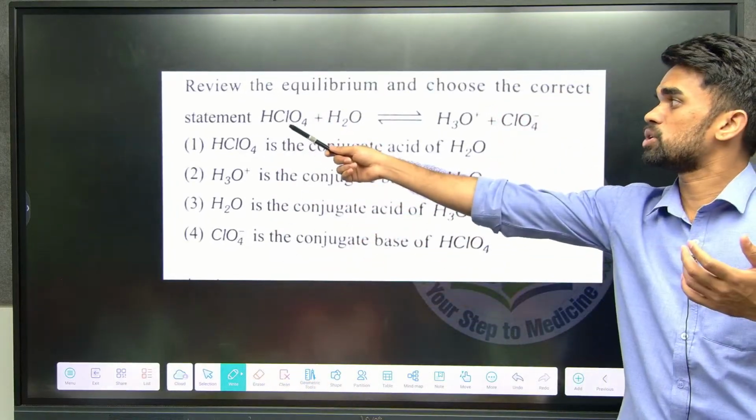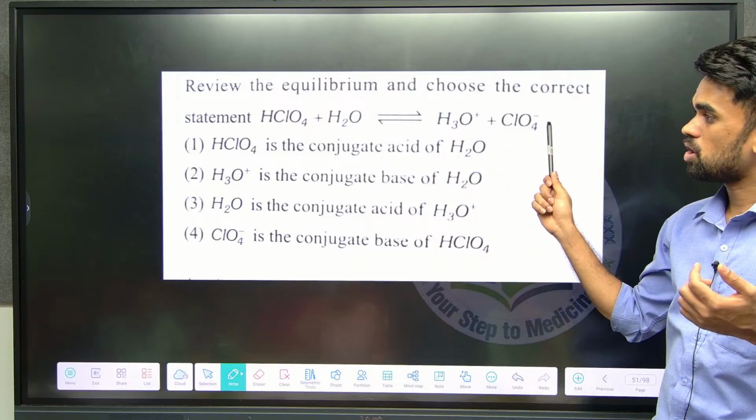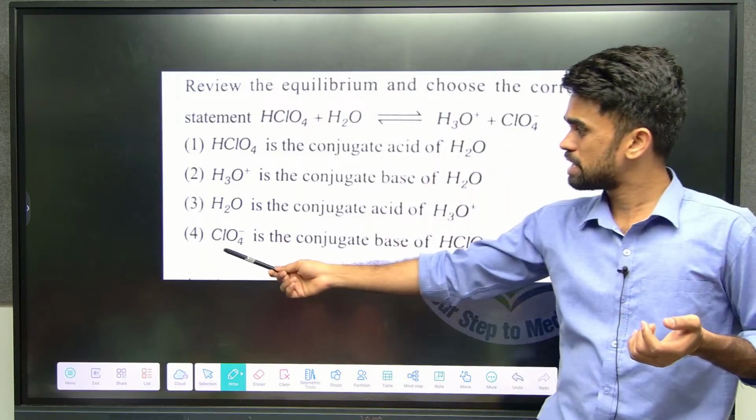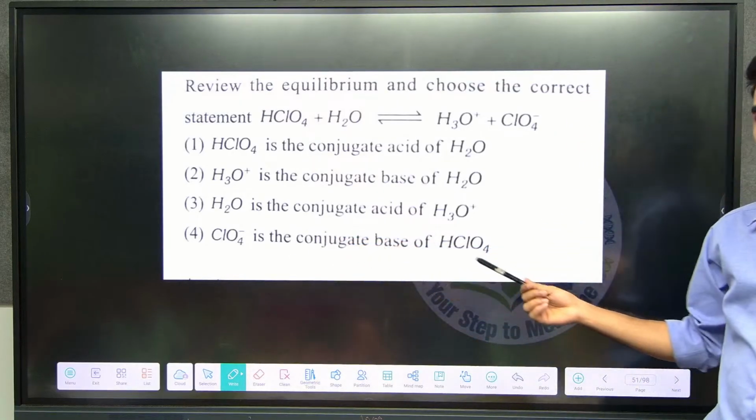It is releasing a proton. So if this is an acid, the remaining part should be called the conjugate base. Okay, so ClO4 minus is the conjugate base of HClO4.